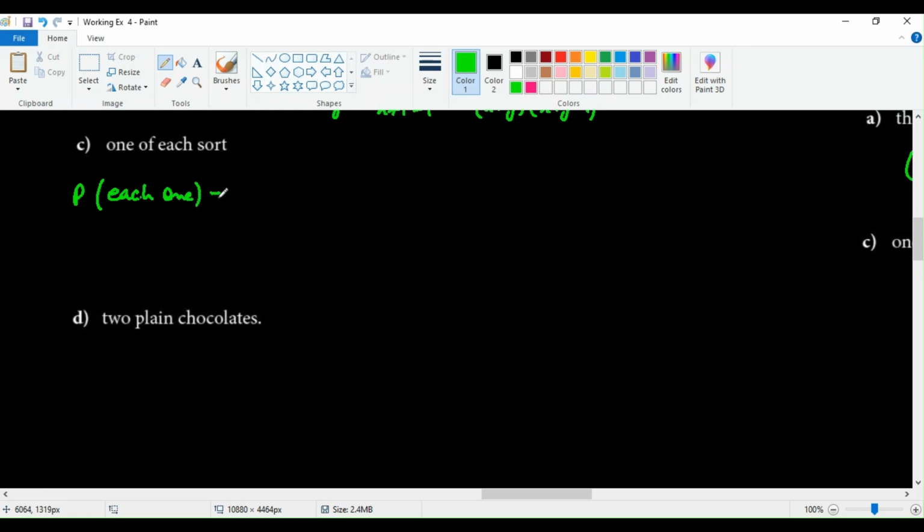In here, we know very well it is x over x plus y, the first one, and then it's multiplied by y over x plus y minus 1, and then this has to be added to the second part, which is y over x plus y, and multiplied by x over x plus y minus 1.